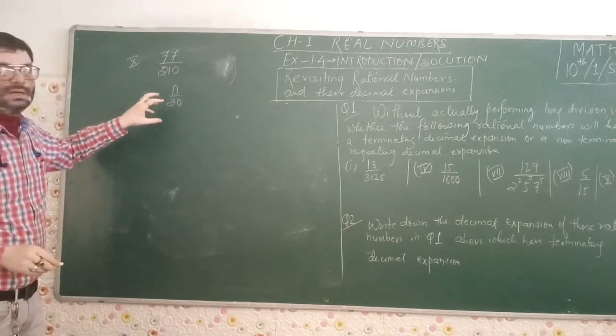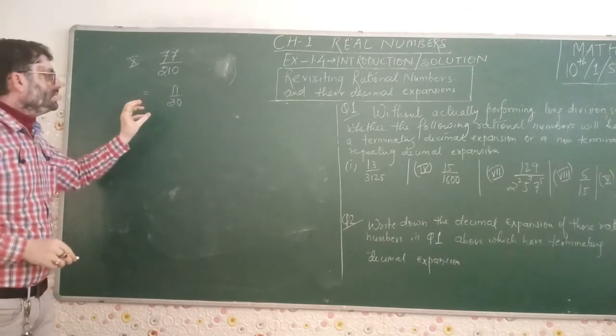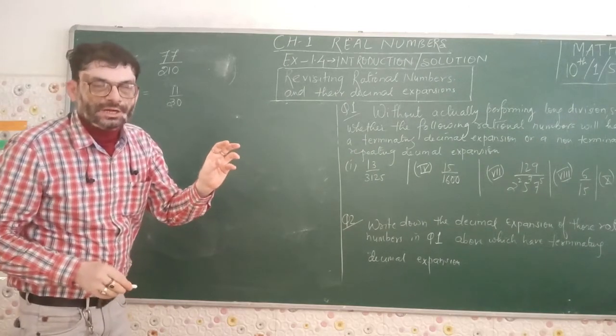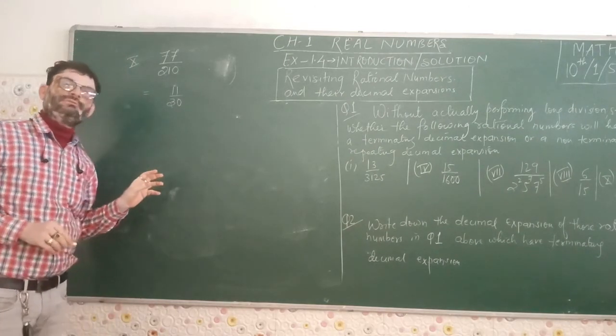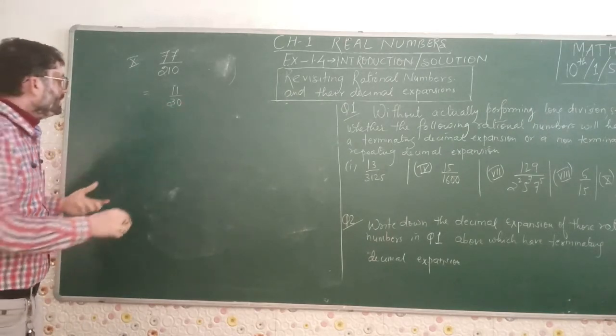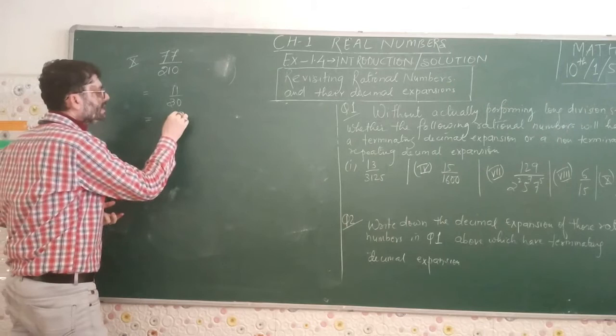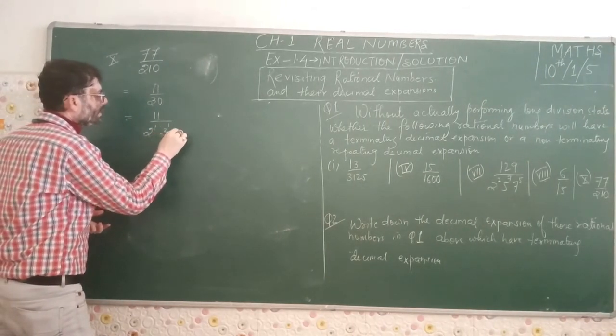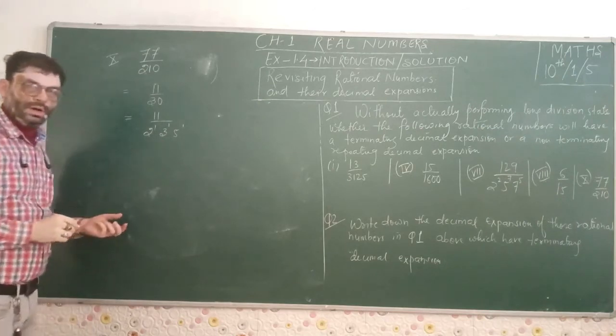Now focusing on the denominator, because the theorems were based completely on the denominator of the form 2 to the power n, 5 to the power m. So we will have to find the prime factorization of the denominator, which can be written as 11 by 2 to the power 1, 3 to the power 1 and 5 to the power 1.